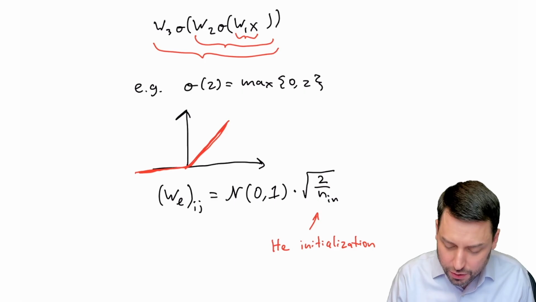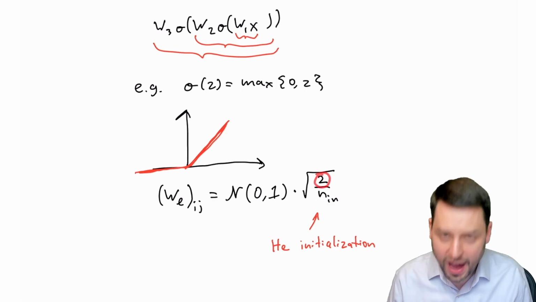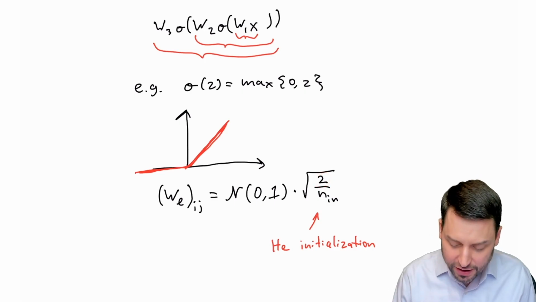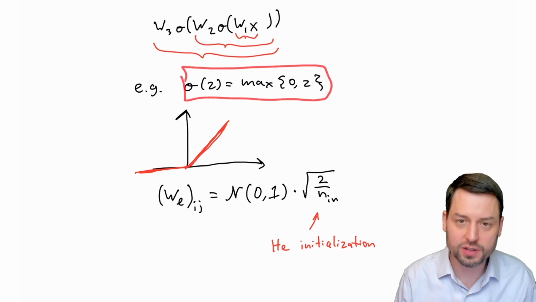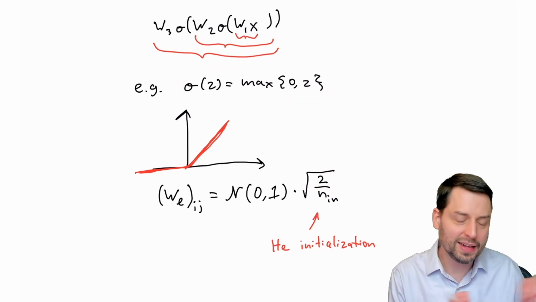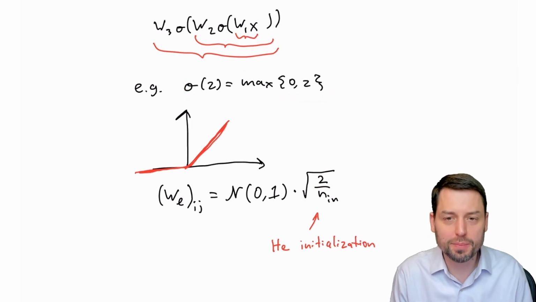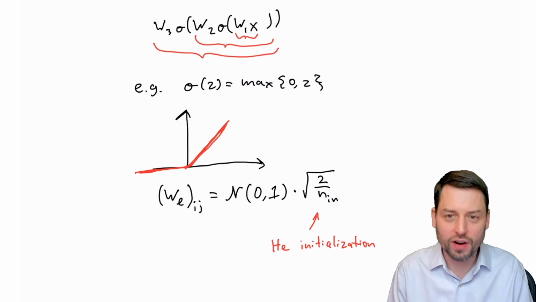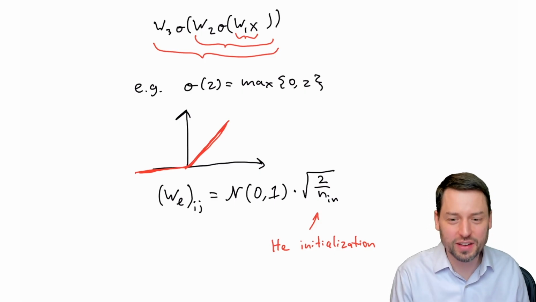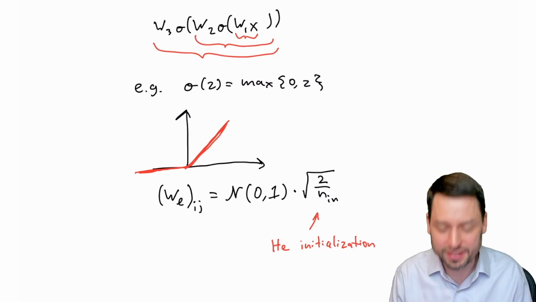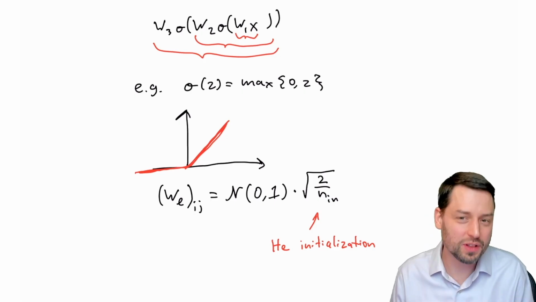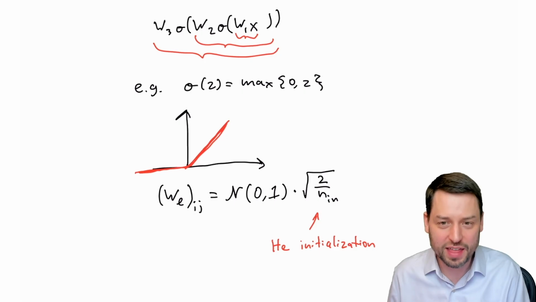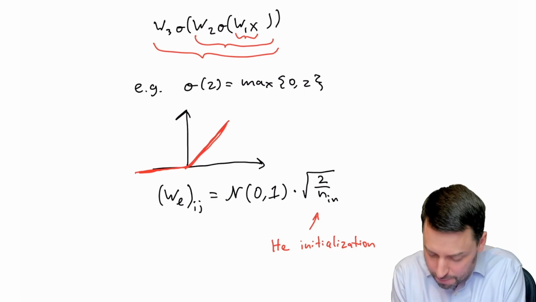It's important to know that this factor of 2 is specific to the ReLU nonlinearity. For other nonlinearities, you might need a slightly different constant, but for every possible nonlinearity, you can derive what that constant should be.